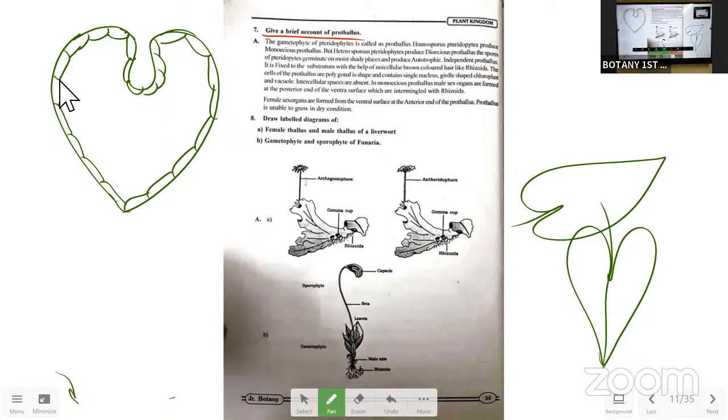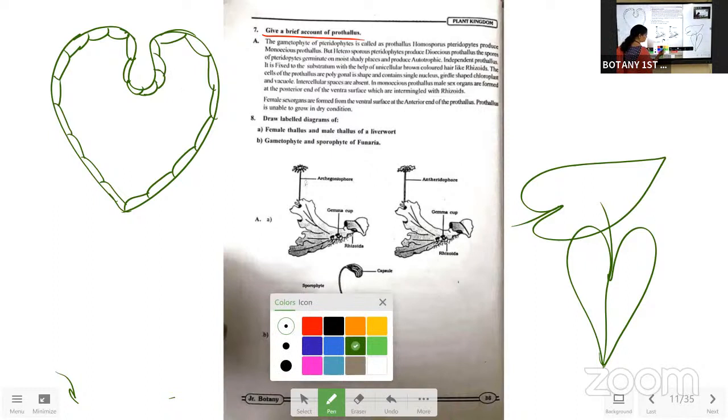The inside of the prothallus is completely filled with chlorophyllous tissue. Before filling this up, we have to draw some other things: the androecium and the gynoecium. Apart from that, it has rhizoids. First of all, we will draw the androecium.